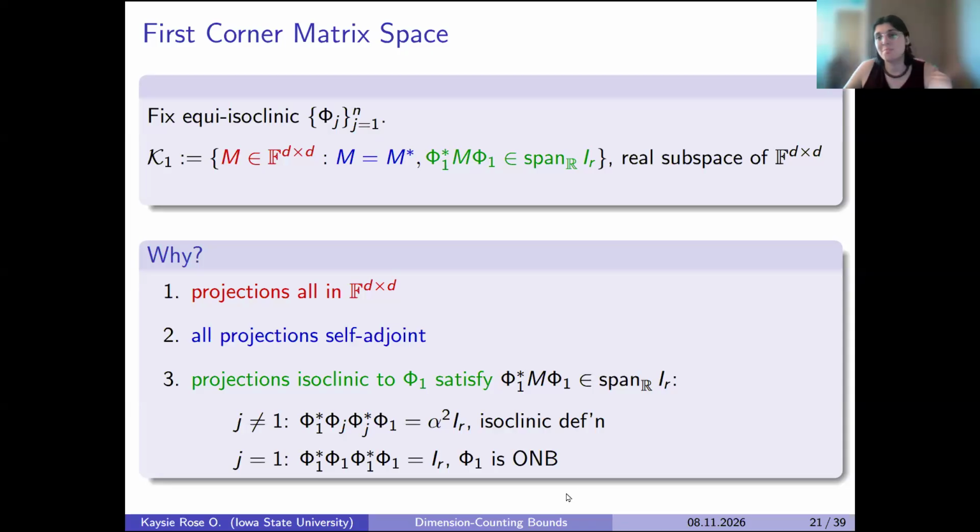The same subspace, it's isoclinic in a silly way, right? But if you plug in the same subspace, hey, this is an orthonormal basis, it just multiplies out to the identity. So in either of these cases, we get that this lands in the real span of the identity. So this captures all of the projections onto any subspace isoclinic to phi 1.